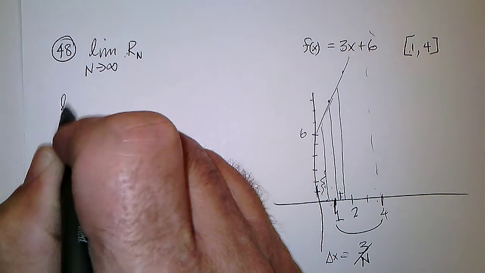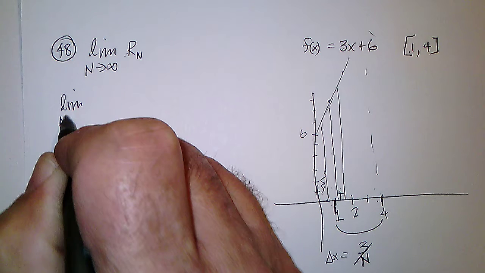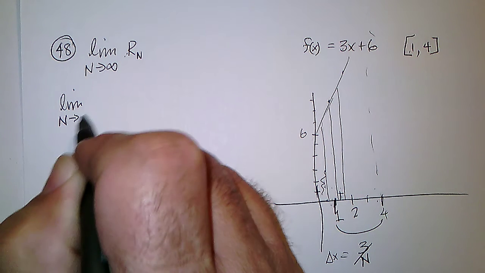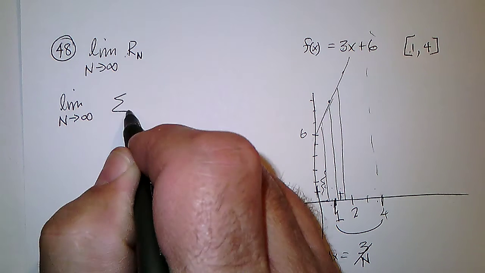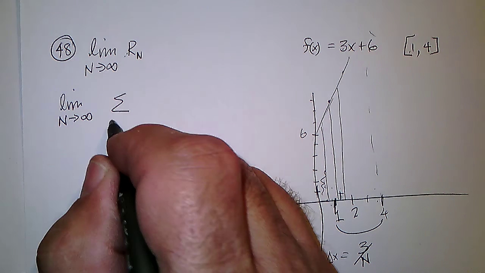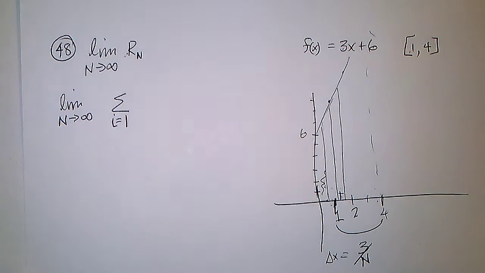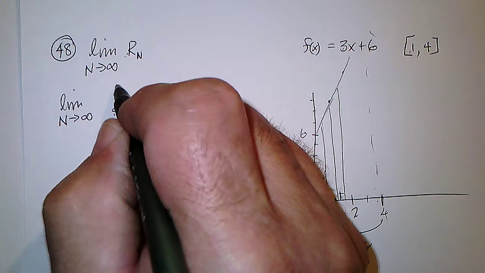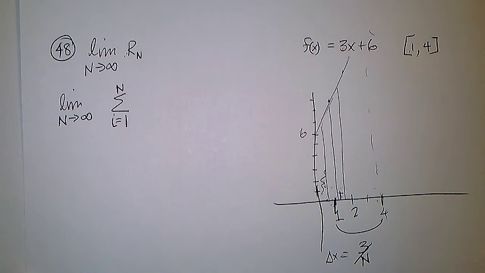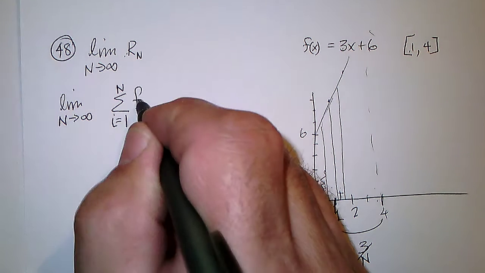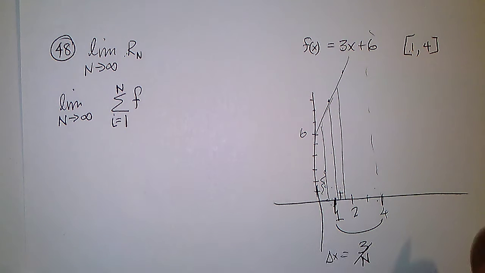So I'm going to have the limit as n goes to infinity of the sum, i starting at 1 and going to n, because I'm going to have n of them. And I have to do f of the right side.